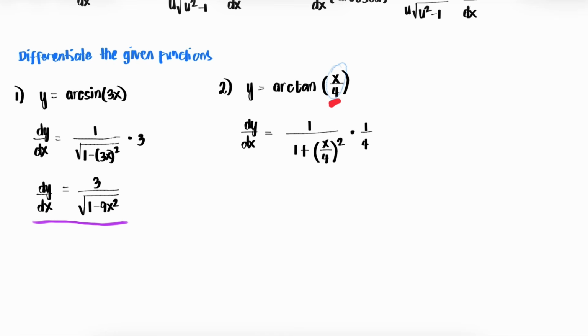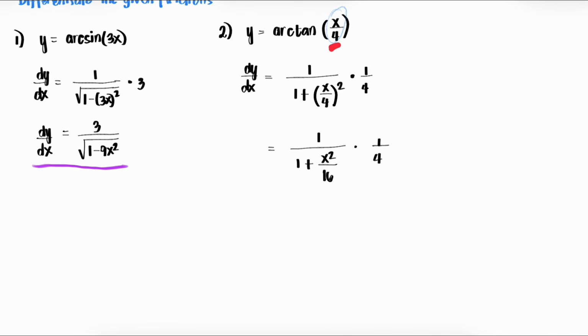So we're going to simplify now. This is 1 divided by 1 plus x squared divided by 16 times 1/4. Simplifying it further, we can just multiply.